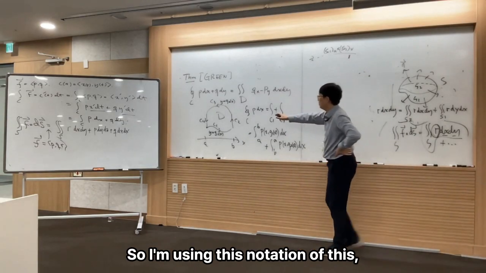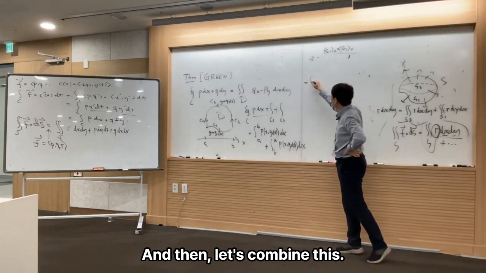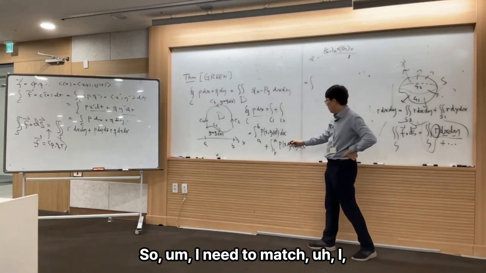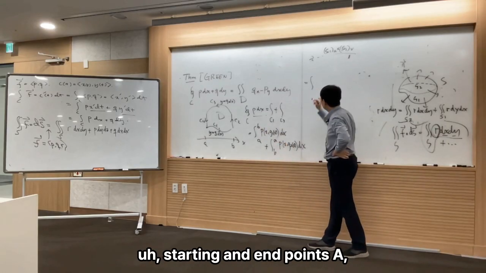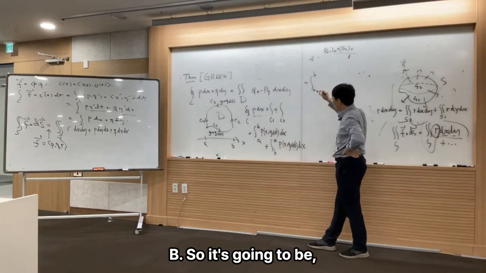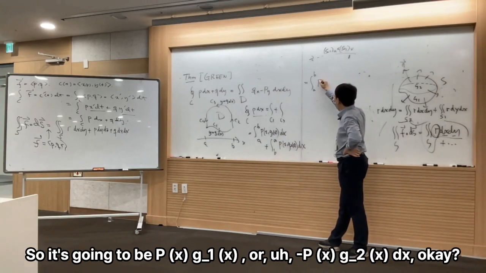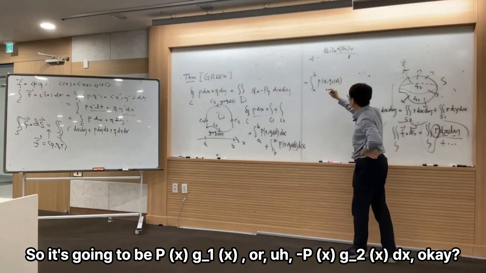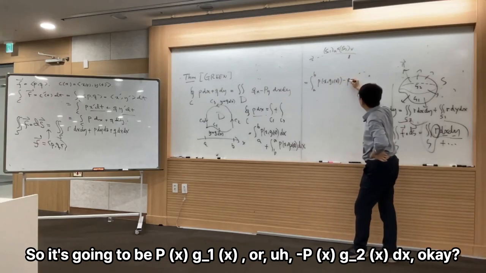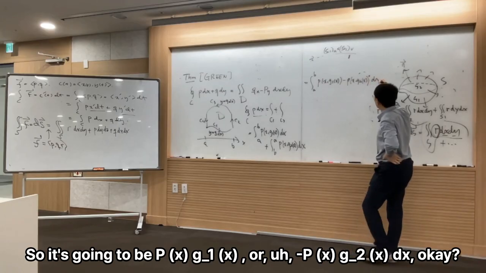I'm just using the notation of this line integral. And then let's combine this. I need to make a common starting point and endpoint, a and b, so it's going to be minus if I exchange a and b here. So it's going to be the integral of P(x, g1(x)) minus P(x, g2(x)) dx.